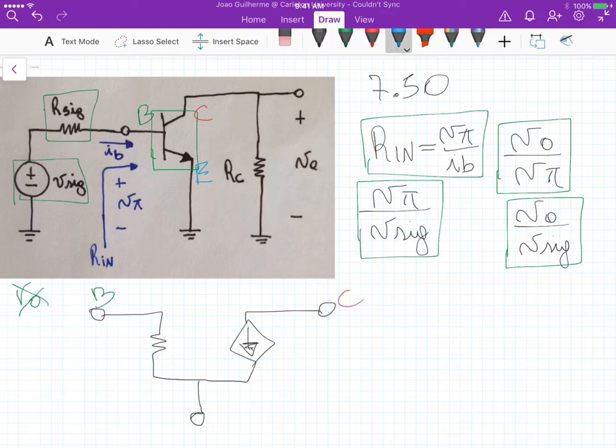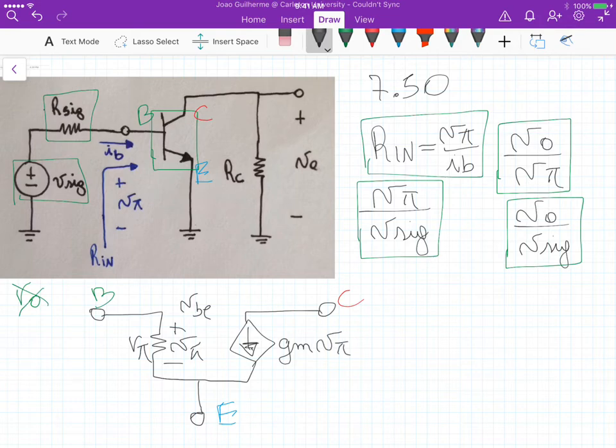This one here is R pi, and this is V pi. And this V pi you see in my drawing down there is also called VBE. And here's the transconductance times V pi or VBE.